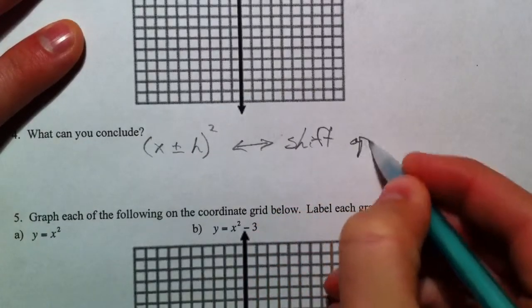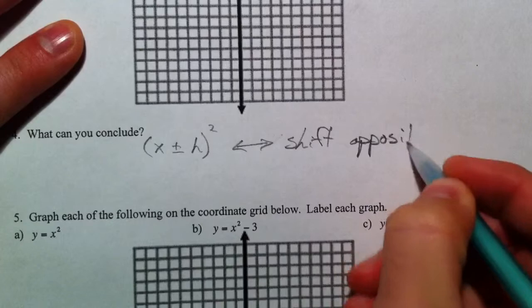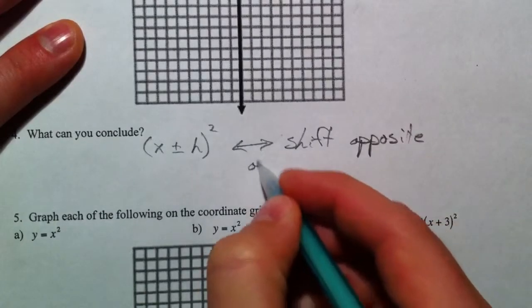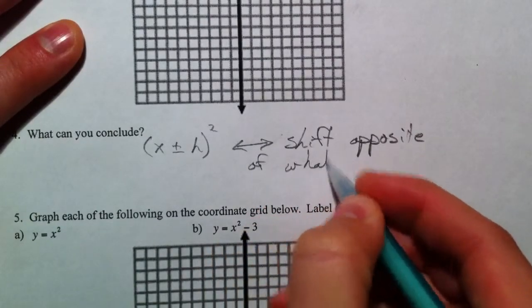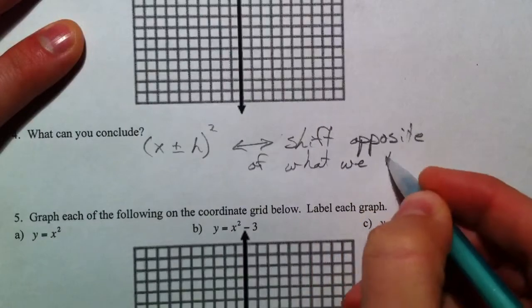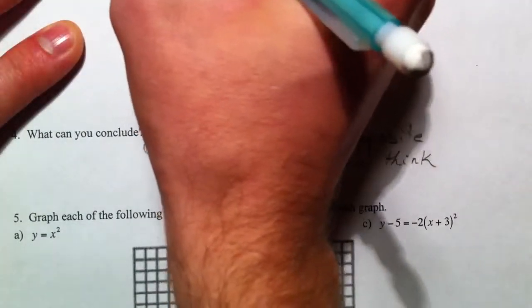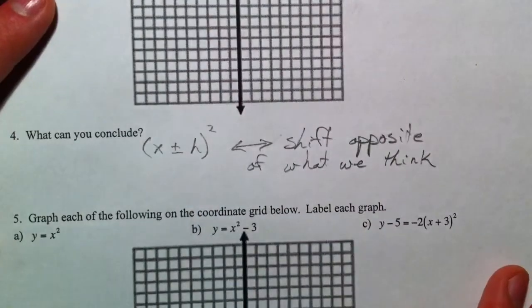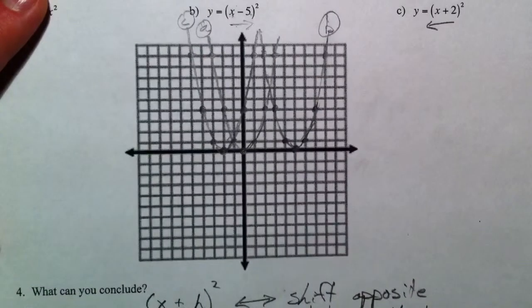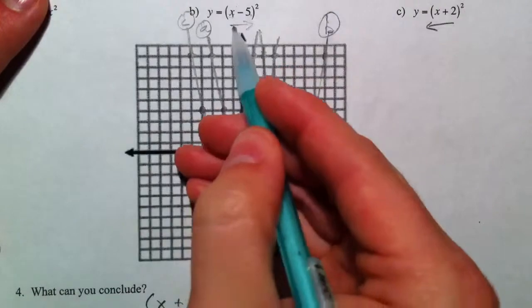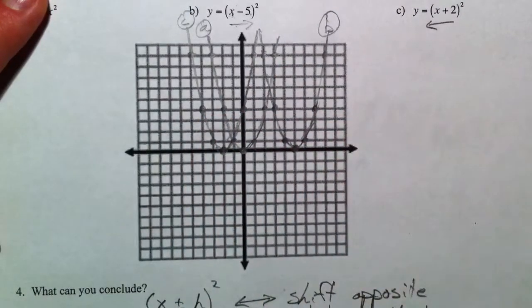And it moves it opposite of how we think. So this is h. It moves it opposite of what we think. The minus 5 shifted it to the right 5, plus 2 shifted it to the left 2.